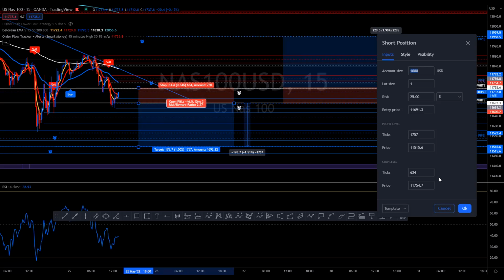It looks like she is pushing up. But I want to wait for a clean break and retest. I see a wick here. I wonder what she's going to do. We'll see. I'm not jumping yet.